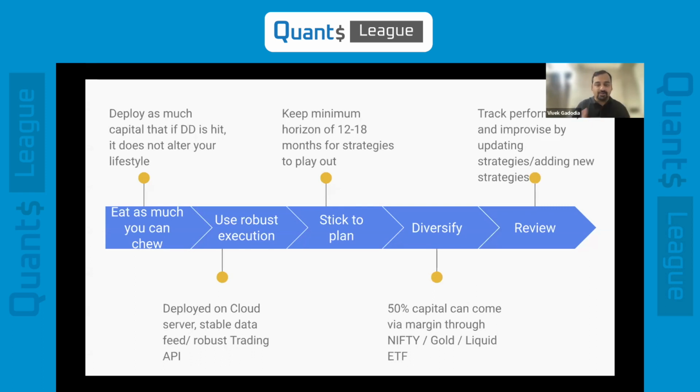So if the drawdown is going beyond your comfort level or beyond normal, you may want to pause once and review it. So this is like a cycle, or I would say a template or algorithm, of how you can keep running this so that you maximize your chances of basically succeeding.